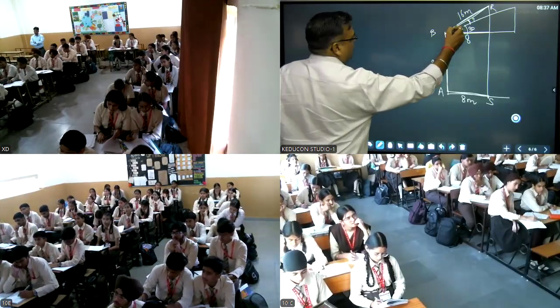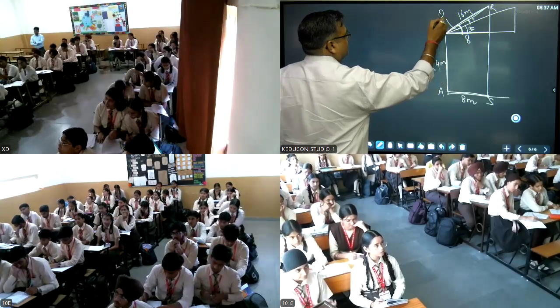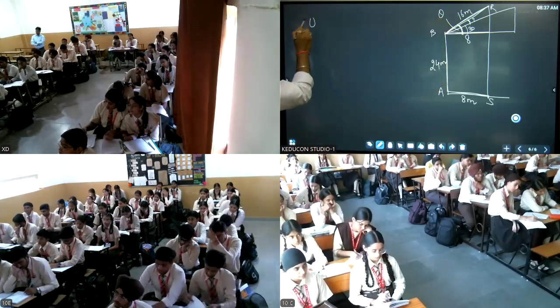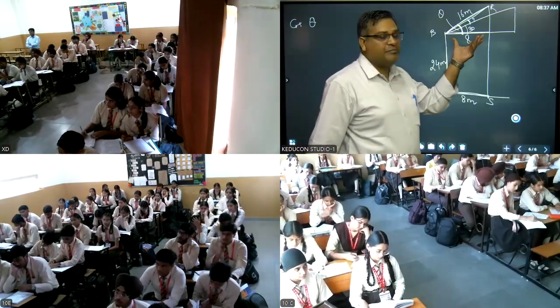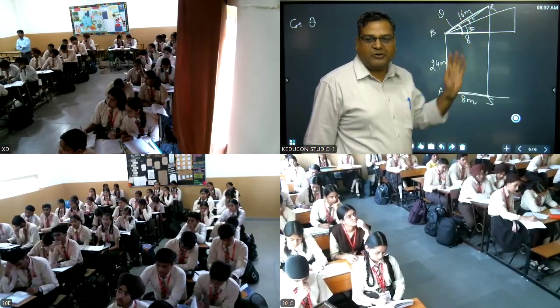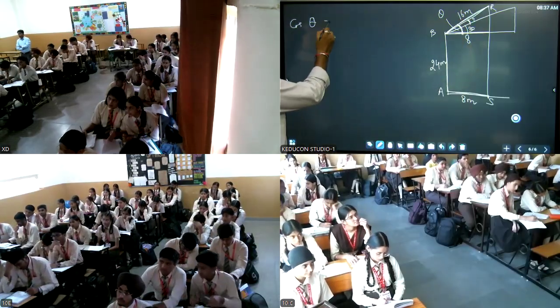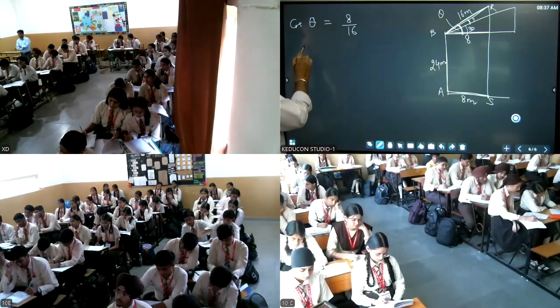Now this total angle, let's say this angle is theta, right? So what will be cos theta? Now we have base as well as hypotenuse. So relation between base and hypotenuse is cos theta. So cos theta will become 8 by 16.